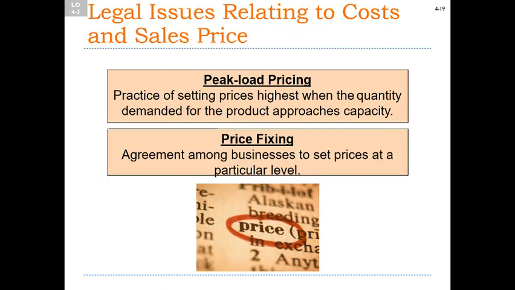It goes beyond that, and I'll not get into details, but even a situation where two companies agree that they won't come into a certain territory.